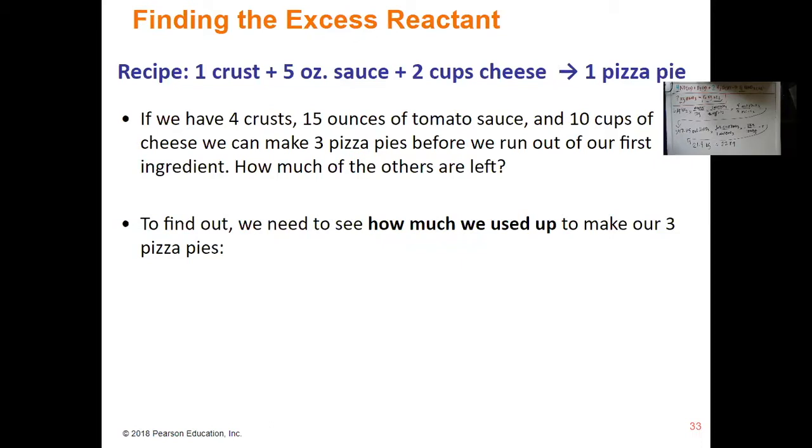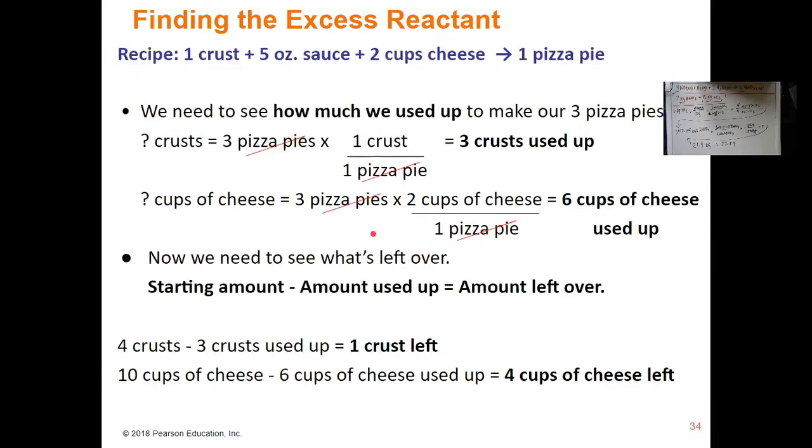Remember, in this case, our product is our theoretical yield, and that is 3 pizza pies. So I need to know how many crusts I used up to make 3 pizza pies. I have a 1-to-1 ratio, so I must have used 3 crusts. Then I need to know how many cups of cheese I used up making 3 pizza pies.